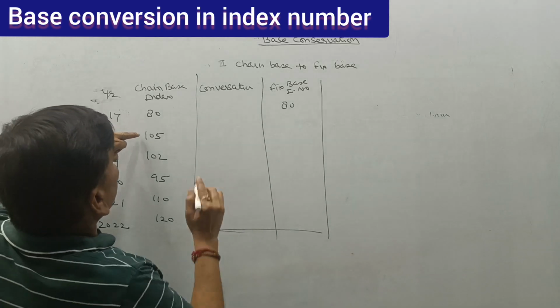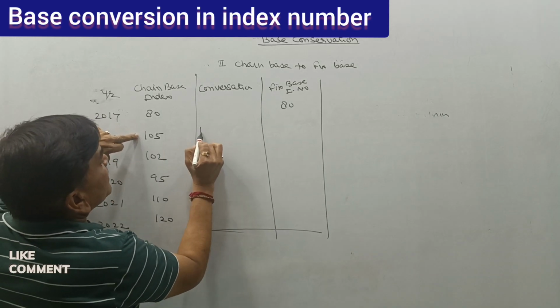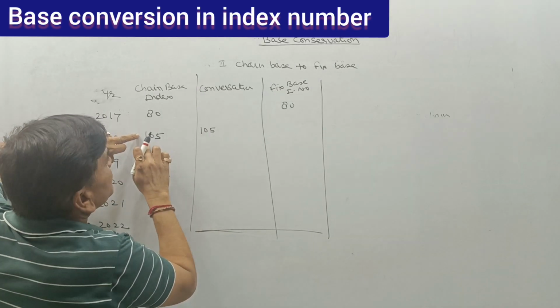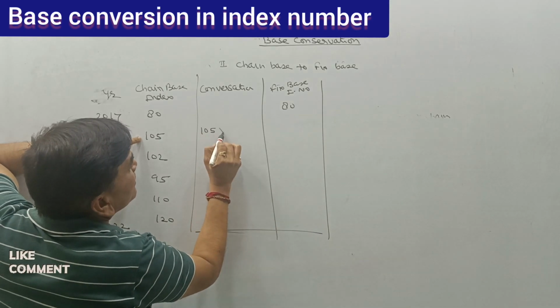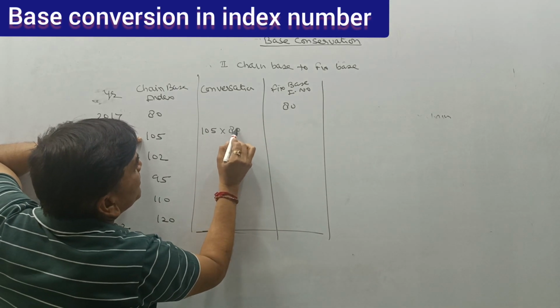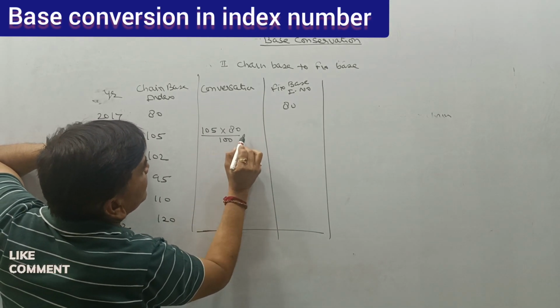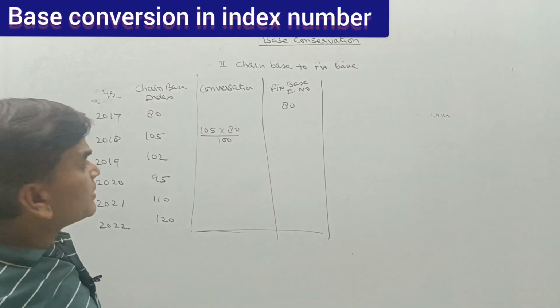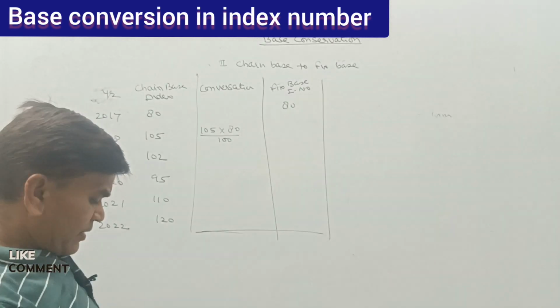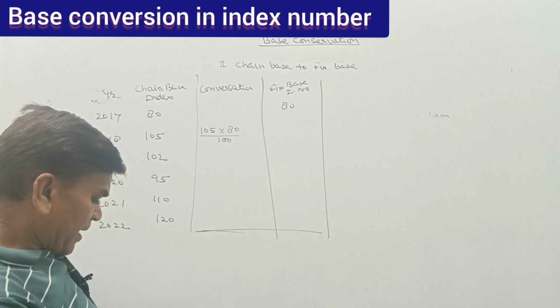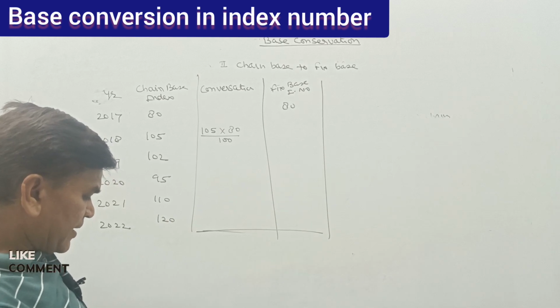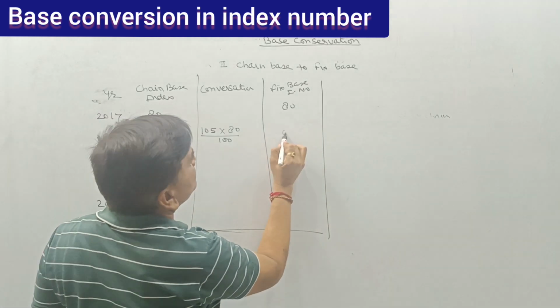Now the second one: the fixed base index number of the current year is the chain base index number of the current year multiplied by the fixed base index number of the previous year, divided by 100. So the answer will be 105 multiplied by 80 divided by 100, so there will be 84.